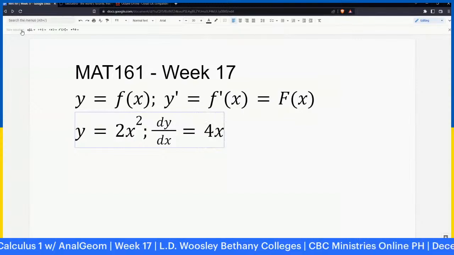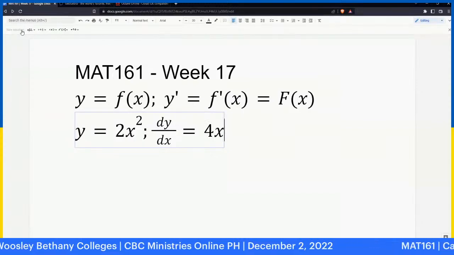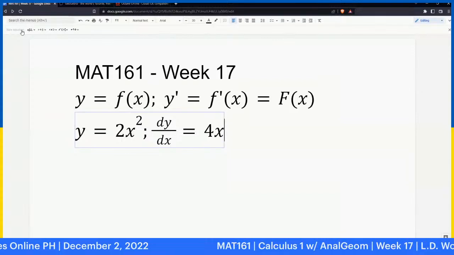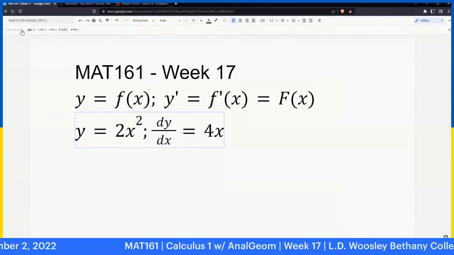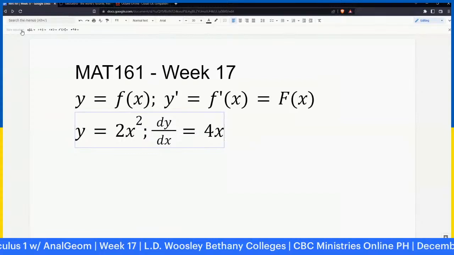So 4x. But we could have an opposite. No? We could have an opposite operation. If 4x is the derivative of 2x squared, then 2x squared is the antiderivative of 4x. So that's how we relate it.